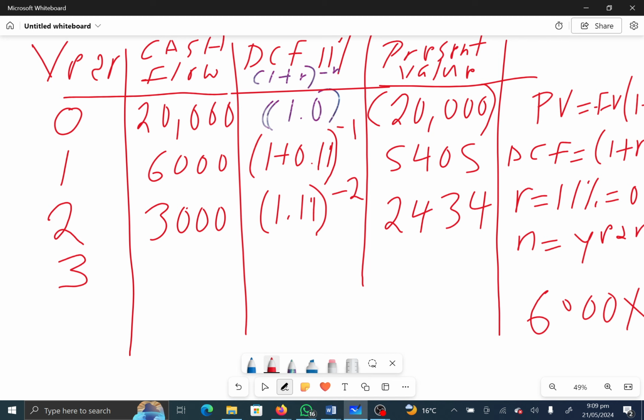Okay, so we now go into year 3. What was our cash flow in year 3? Someone to give me the cash flow for year 3. 7,000. So 10,000, then the discounted cash flow, that is 1.1 to the power negative. Since we're in year 3, we say to the power negative 3.